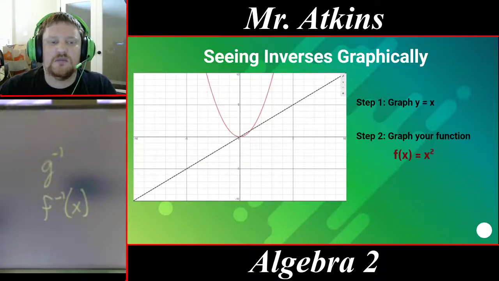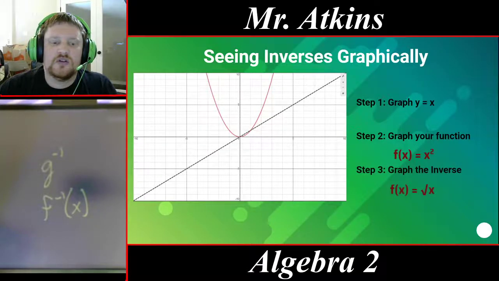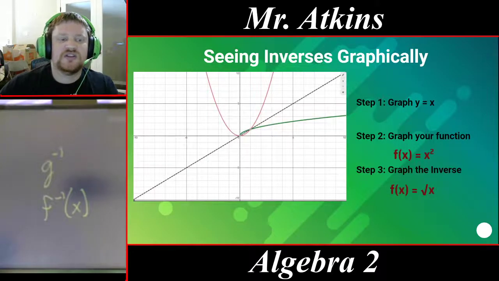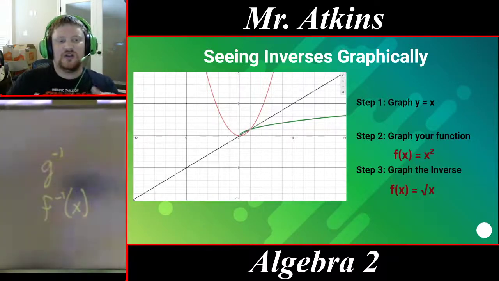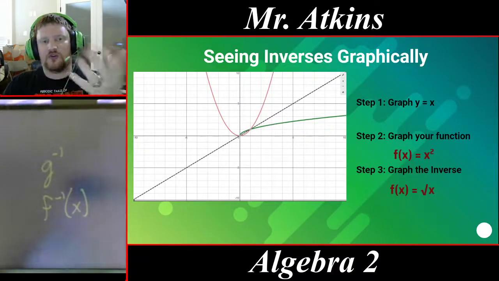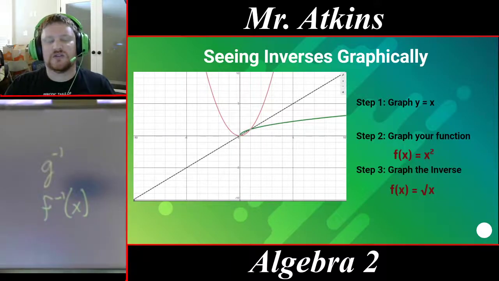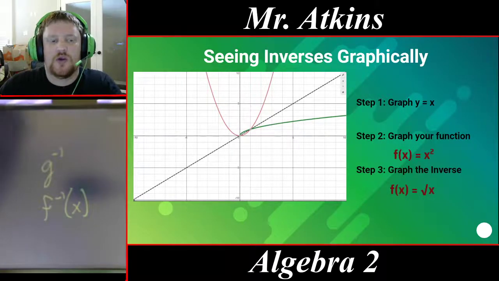Notice I went ahead and made the y equals x line dotted at this point. After you've graphed both of these, if you graph the inverse, which in this case is just square root of x, you can see how the inverse is just flipped over the line y equals x from the original equation.